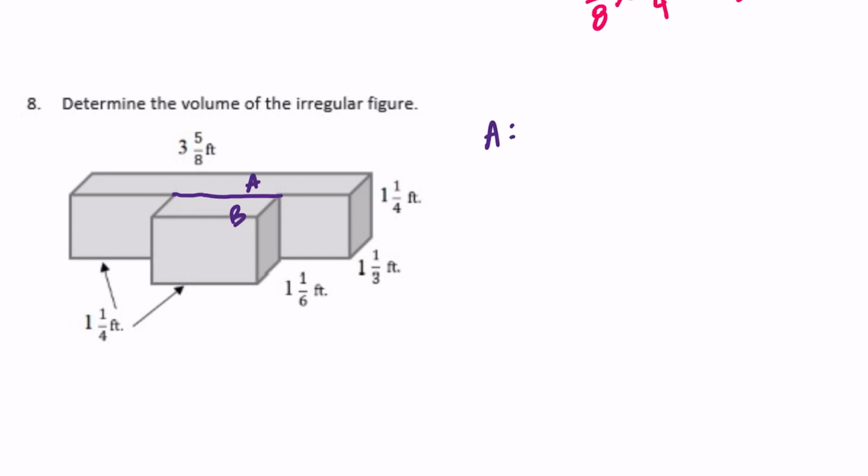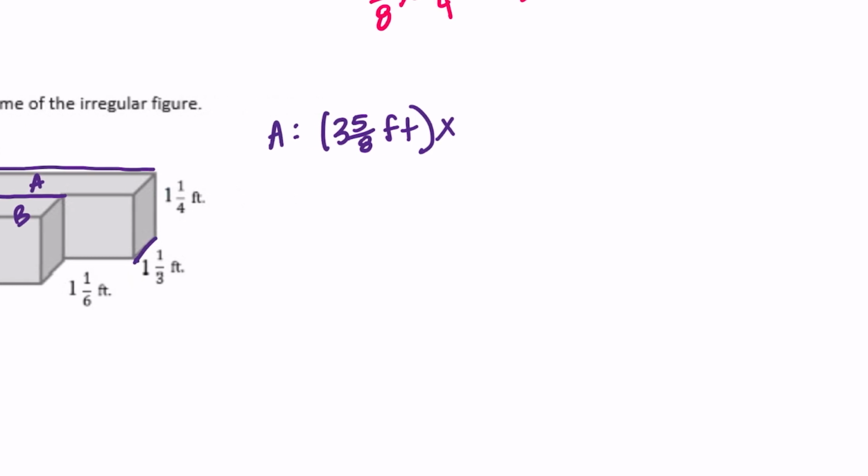So the volume of A, length times width times height. So the length is 3 5/8 feet, the width is 1 1/3 feet, and the height is 1 1/4 feet.